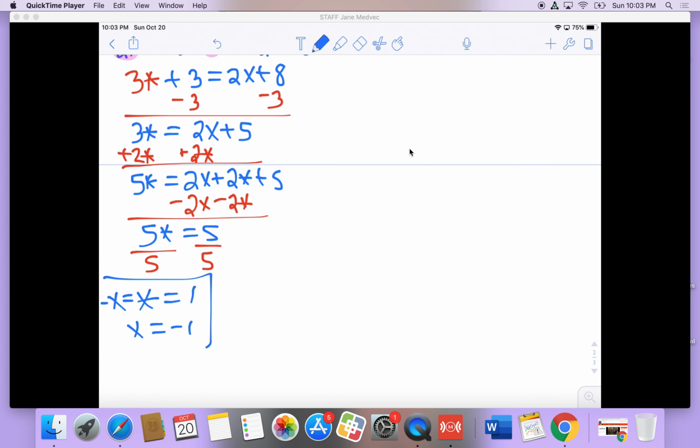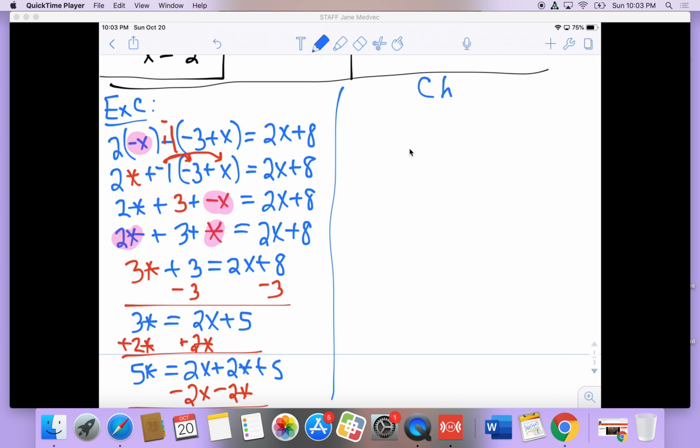So now what I'm going to do is go back and do my check. Again, I used the original problem. I'm going to take out that negative x and put in a 1.